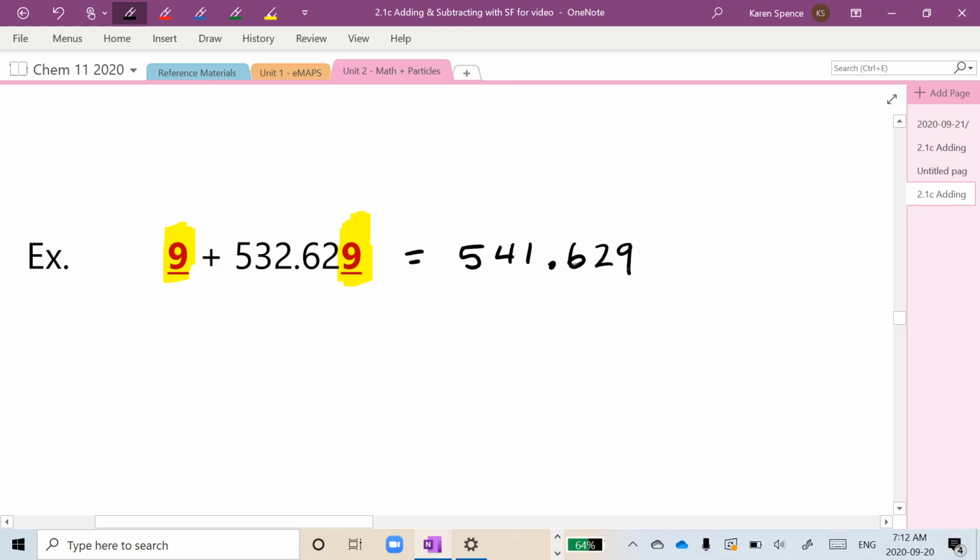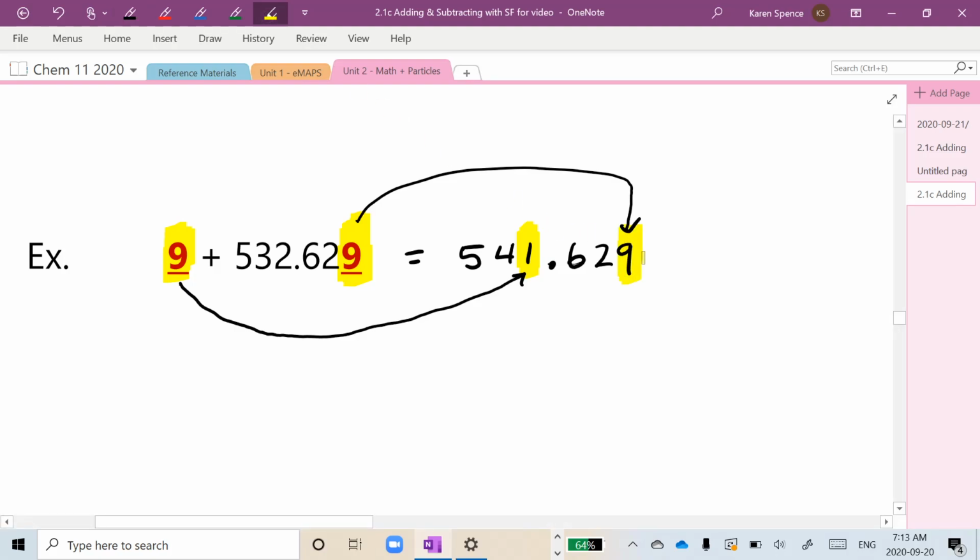Now, according to this, my 9 makes the ones position uncertain, right? Because 9 is in the ones position. And this second 9 makes our thousandths position uncertain. So I've highlighted my uncertain digits, and then I say I can only have one uncertain digit, so I have to round to there, and we get 542. And that's your answer.